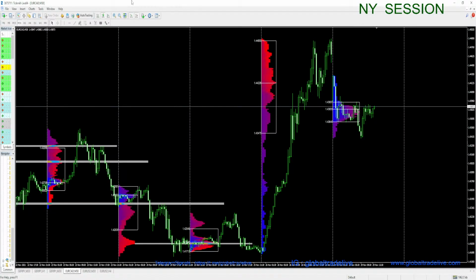Let's check the volume indicator. Right now the market is just consolidating, I can say.